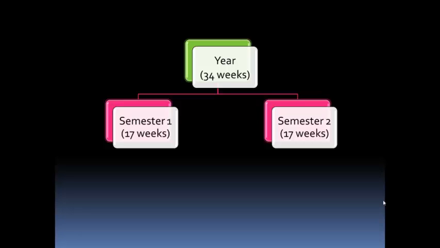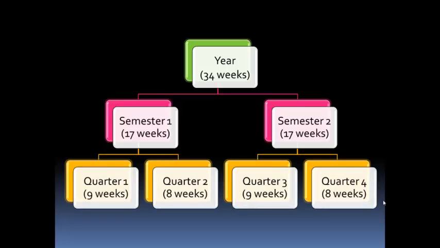Then you have each semester divided into 2 quarters that might be 9 or 8 weeks long. The difference again is because of the exam week in the 2nd and 4th quarters. Now, as you think about this, this helps you to start seeing how the year is going to flow. But remember, this is just a rough guideline. Every school has special days or activities that cut into the teaching time.